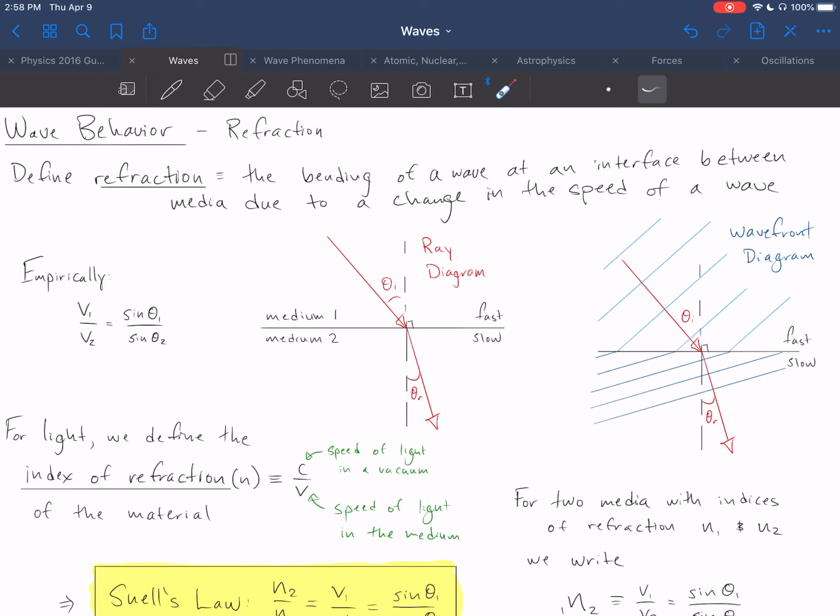But empirically, it is the case that the speed of the wave in both media are related to those angles. And in particular, v1 over v2 is equal to sine of theta 1 over sine of theta 2.